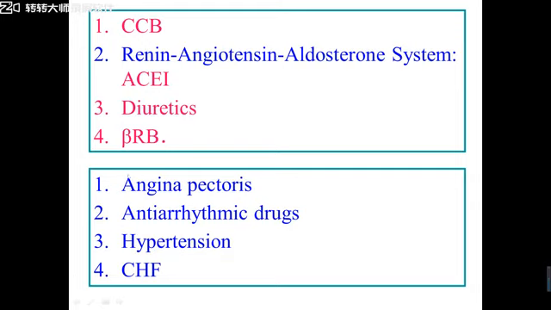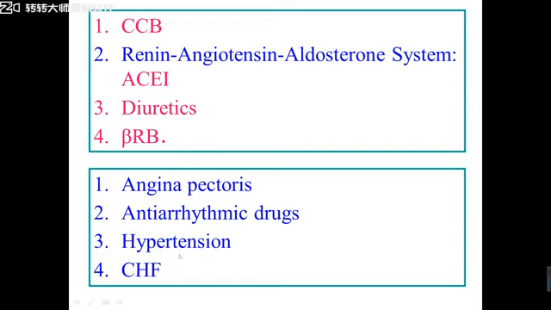Later in the cardiovascular system, we will study how to treat the first disease, angina pectoris. And then we will study how to treat arrhythmias, tachycardia, and bradycardia. And then we will use these 4 kinds of basic agents to treat the most common disease, hypertension.